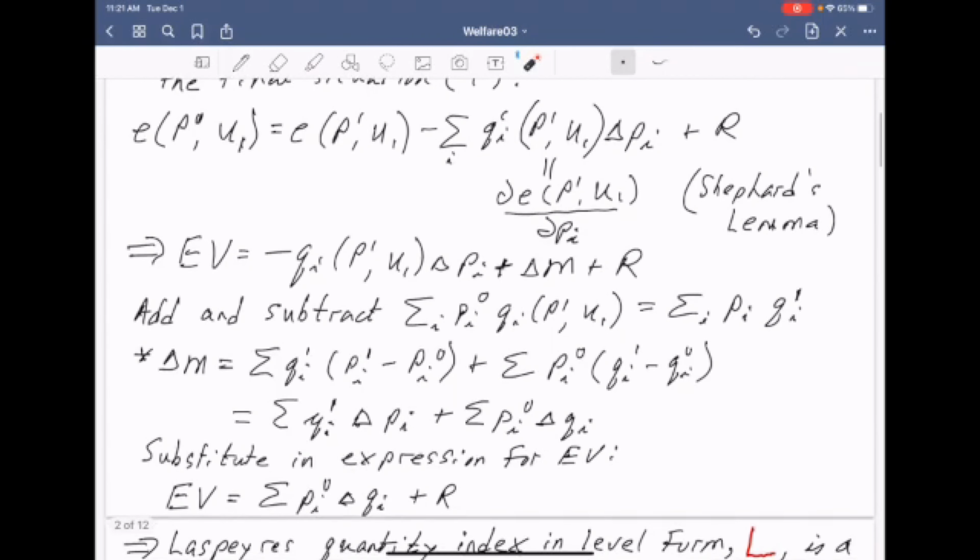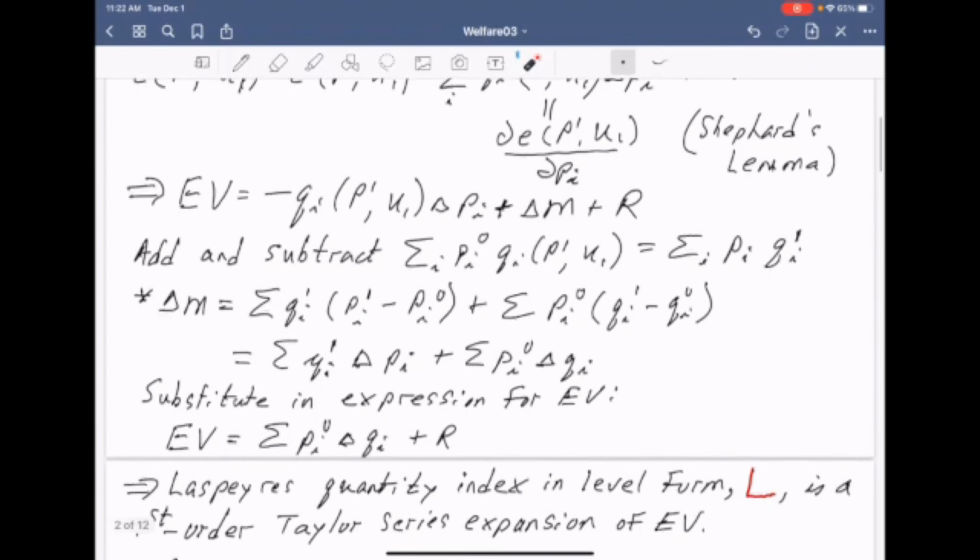So if we look at this, we find that the equivalent variation here is given by the minus of the quantity, the demand at that point, 1 in the above diagram, times the change in price of i, plus the change in income given by delta M, plus this remainder term of the higher order Taylor series expansion.